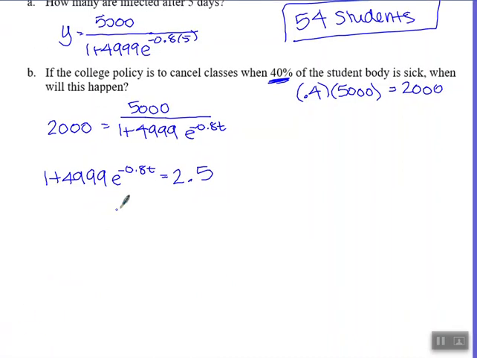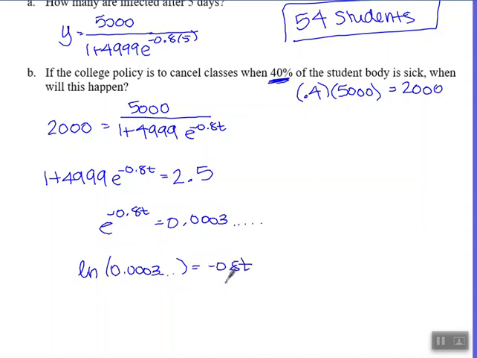Then we need to isolate the exponential, so we need to subtract 1 and divide by 4,999, which gives us 0.0003, and the decimal continues. Then we need to take the natural log of both sides, and divide by negative 0.8.